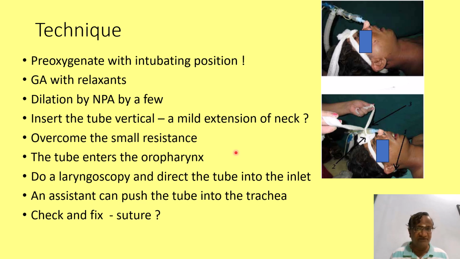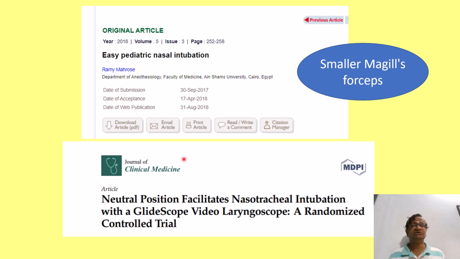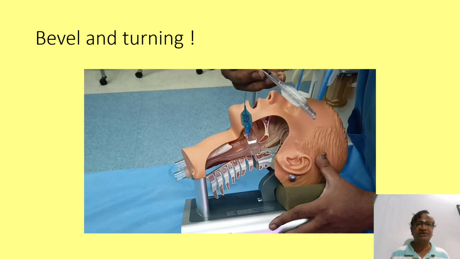The tube enters the oropharynx and overcomes the small resistance. Do a laryngoscopy and direct the tube. An assistant can also push the tube. Check and fix. Use Magill's forceps. Sometimes the neutral position facilitates nasotracheal intubation better than the traditional sniffing position.